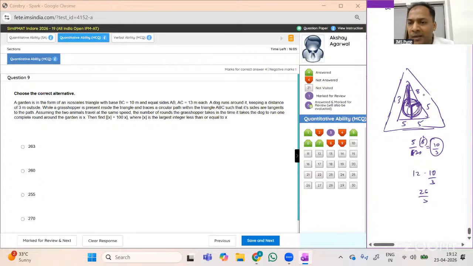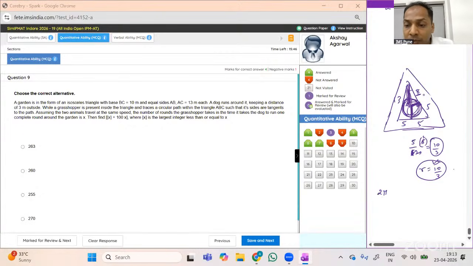So have I done it right? No, doesn't look right. Wait. This is 8. This one is 10 by 3. I've already found the radius. The radius is 10 by 3. Yeah, so the radius is 10 by 3.